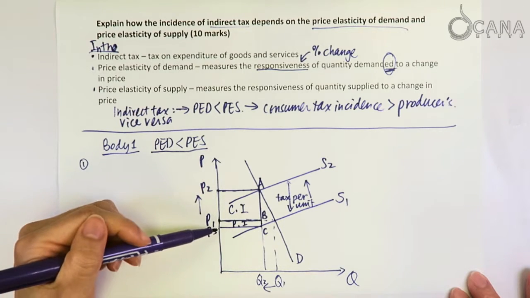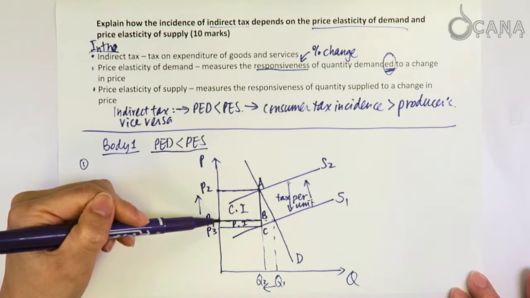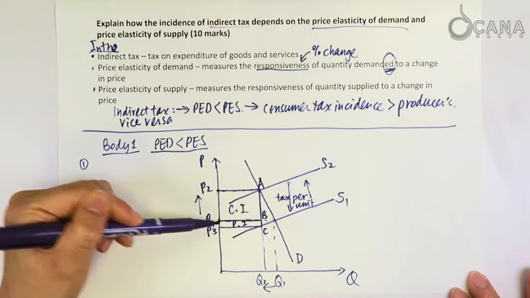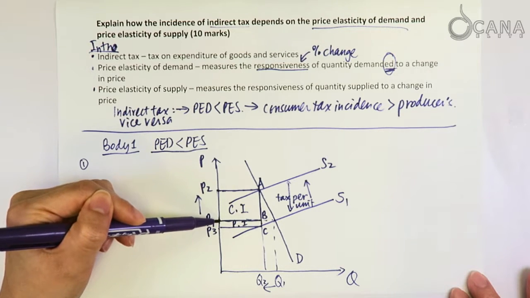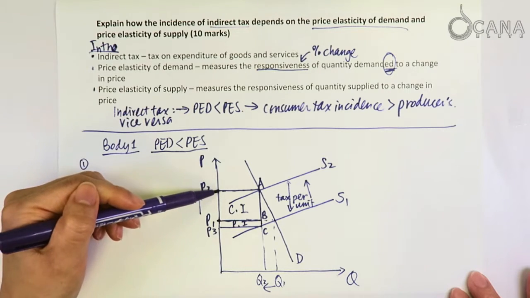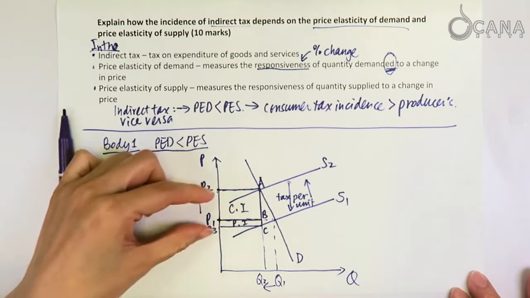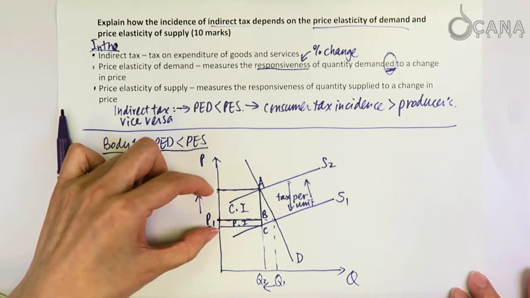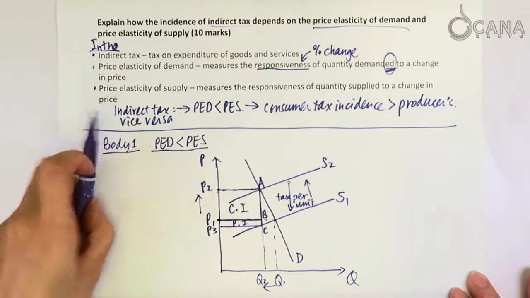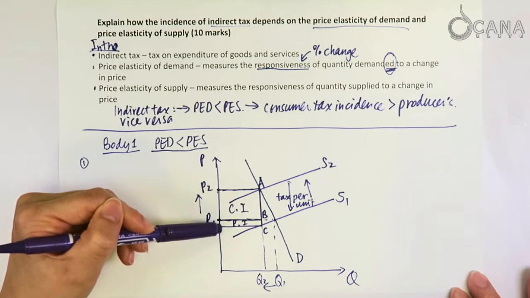And the reason being, before the tax, producers receive P1 for every unit sold, solidly. Now, even though the market price is at P2, P2 to P3, because that's the tax per unit, goes to the government.